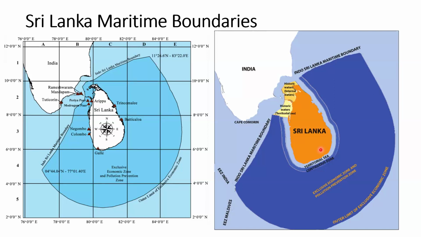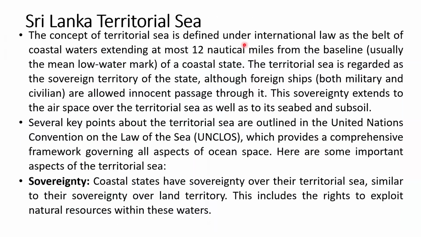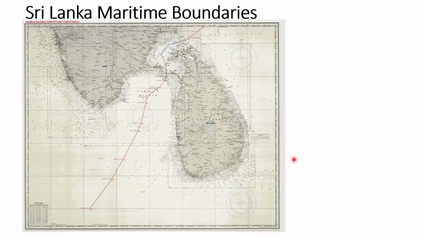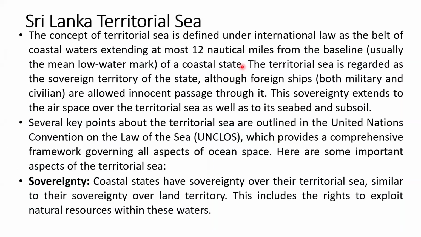Now, every country has a territorial sea. The concept of territorial sea is defined under international law as the belt of coastal waters extending at most 12 nautical miles from the baseline. That's the normal definition of the United Nations Convention on the Law of the Sea.